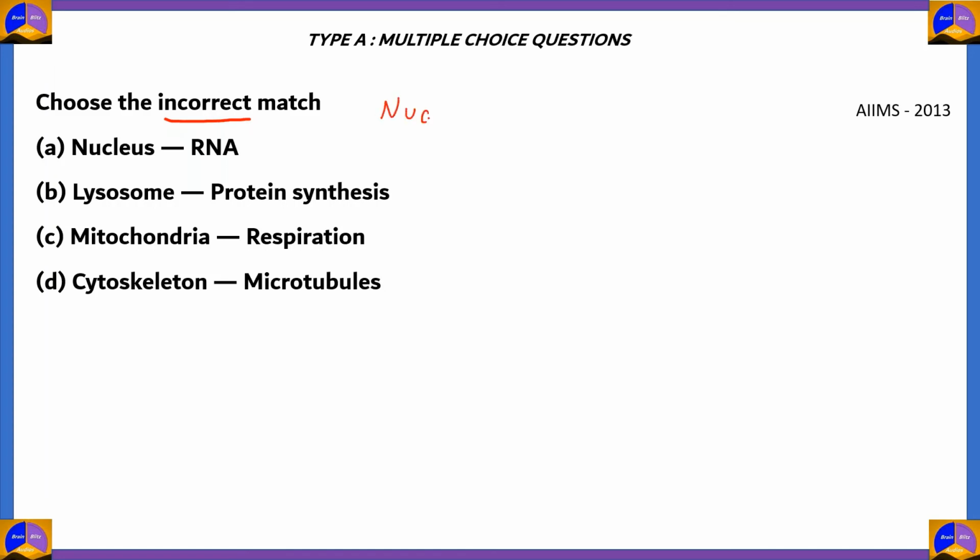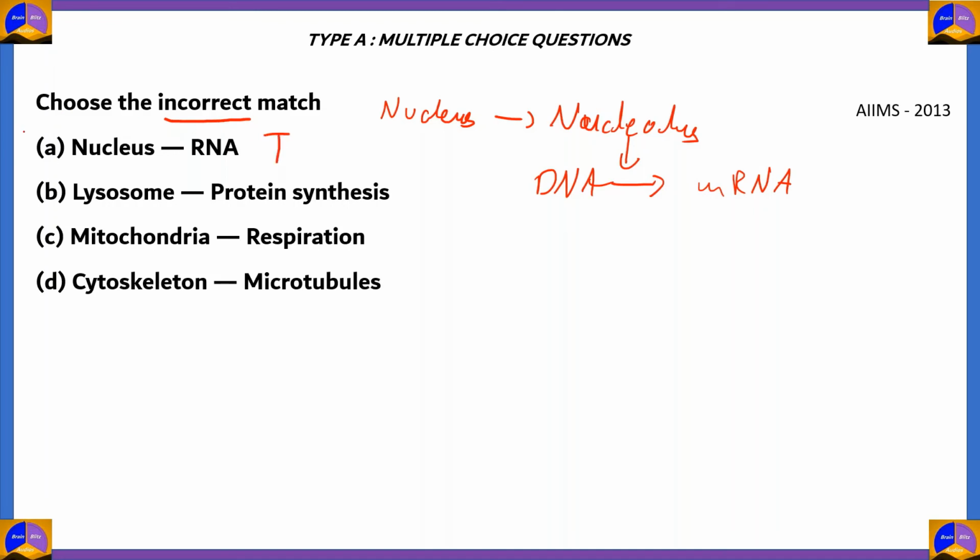Inside the nucleus, there is another organelle known as the nucleolus, and this nucleolus converts DNA into messenger RNA. So the nucleus can be associated with the formation of RNA. So the match is correct, which makes the option incorrect.